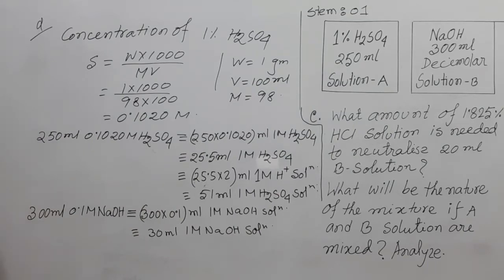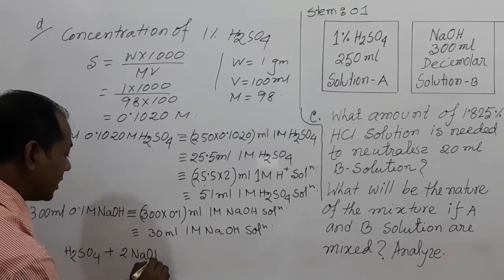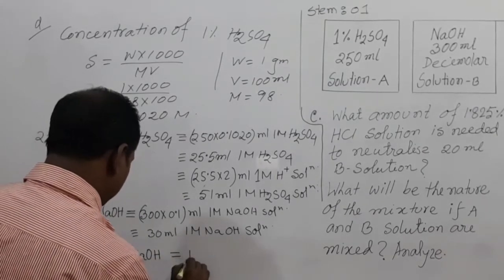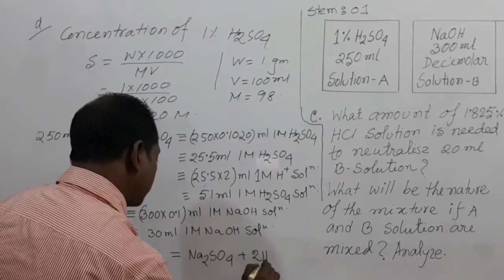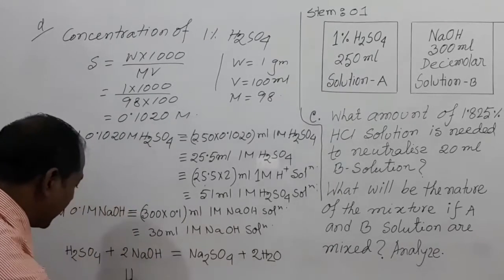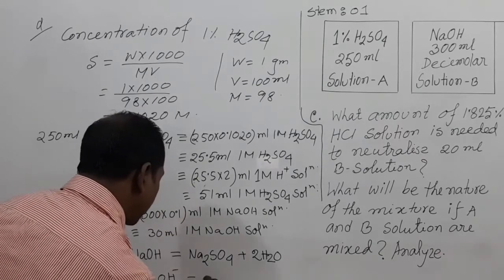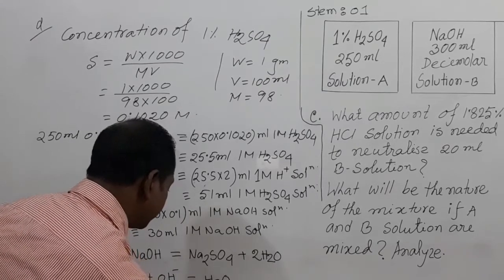So, my dear students, the reaction occurs like this: H2SO4 plus 2 sodium hydroxide equal to Na2SO4 plus 2 H2O. That means hydrogen ion reacts with hydroxyl ion and neutralizes by producing water.